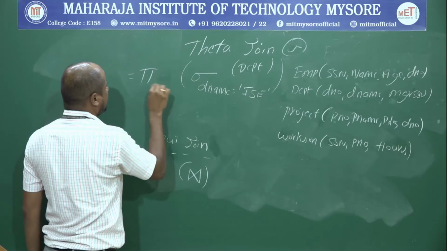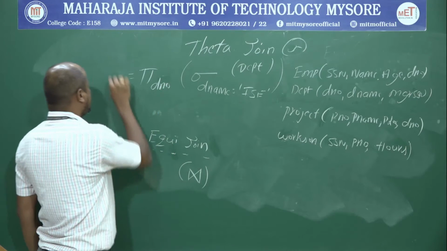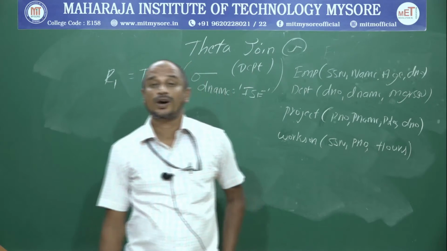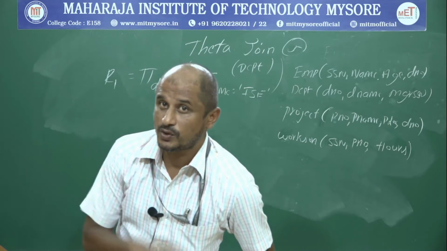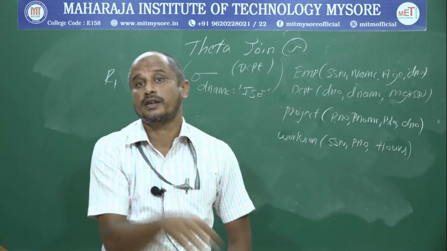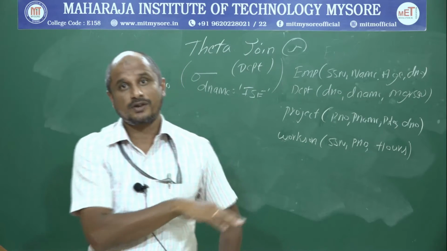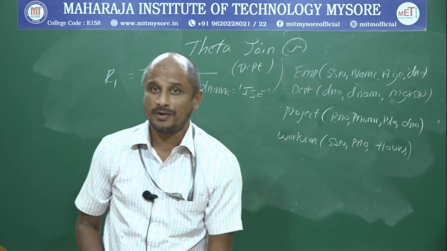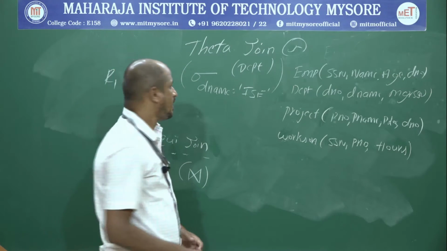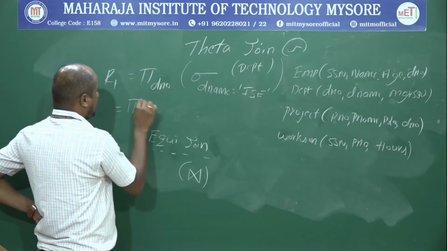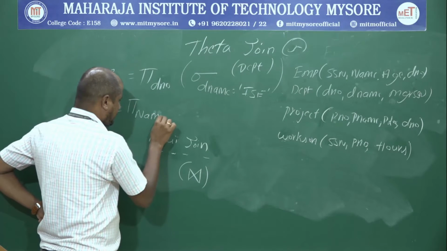I'm retrieving D number as an attribute when department name is equal to ISC. ISC is a department, and I retrieve the D number of the ISC department, join it with the employee table's D number, and retrieve the names of the employees.